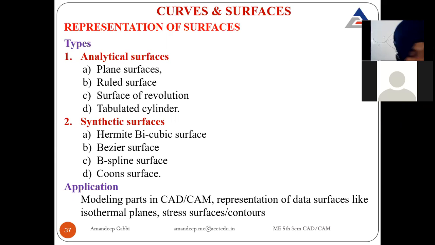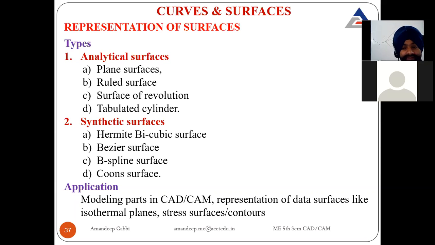A plane surface is a sheet of rectangular shape. If you join that sheet end to end, it will form a cylinder, and that sheet becomes a ruled surface.